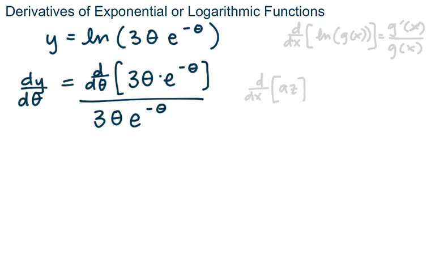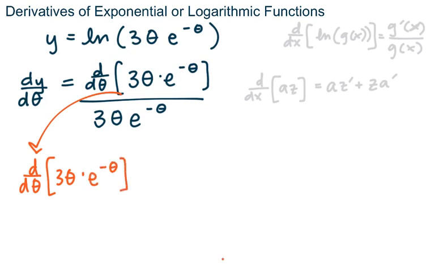So if we had a first and a last, or an a and a z, the derivative of a product would be a z prime, first times derivative of the last, plus last times derivative of the first, z a prime. So I'm going to zone in just on this, 3 theta times e to the negative theta, and I might do that down here as some scratch work. So d d theta of 3 theta times e to the negative theta.